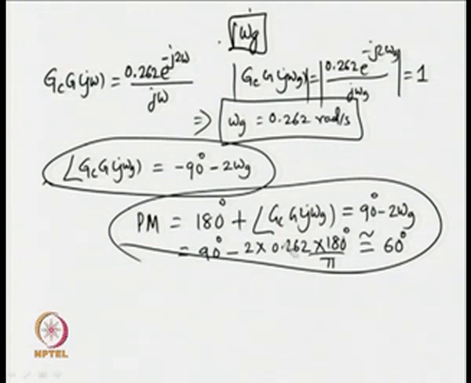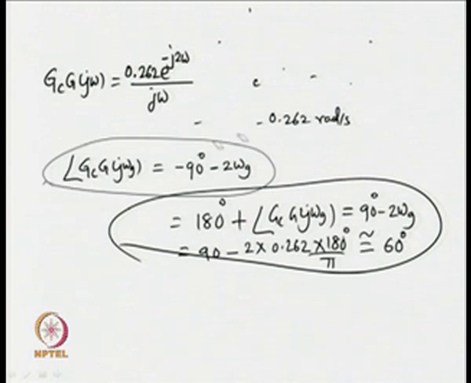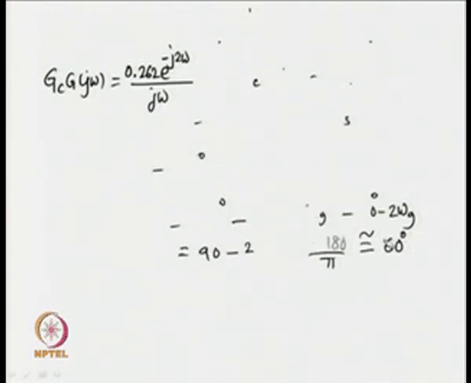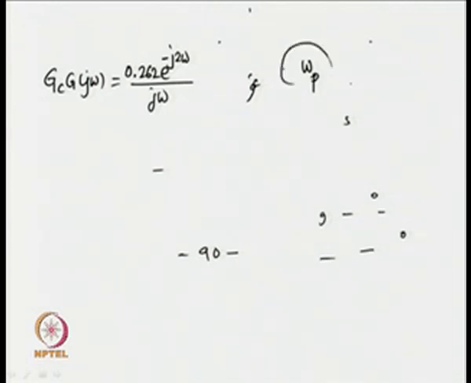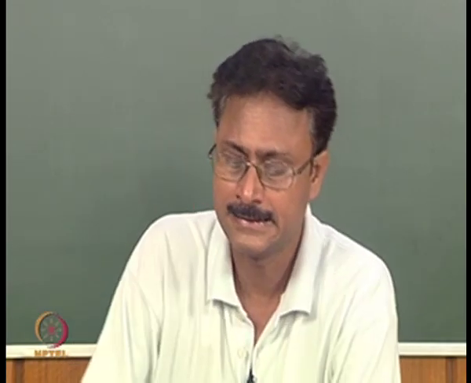Similarly, using the loop gain, it is possible to find the phase crossover frequency at which the phase of the system is minus 180 degree. That can be obtained by finding the phase. So, we will define one more parameter, that is the phase crossover frequency omega p, which is defined as the frequency at which the system phase will be minus 180 degree.